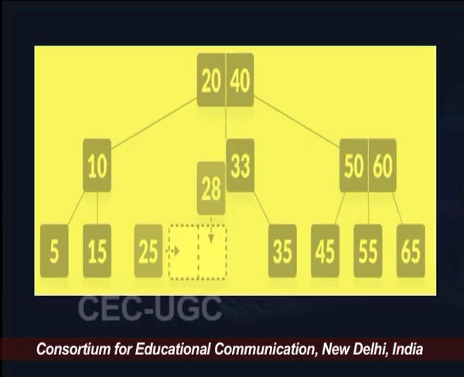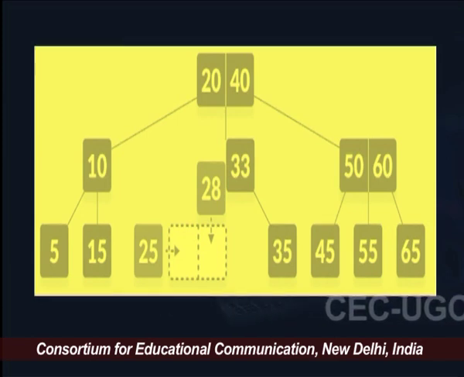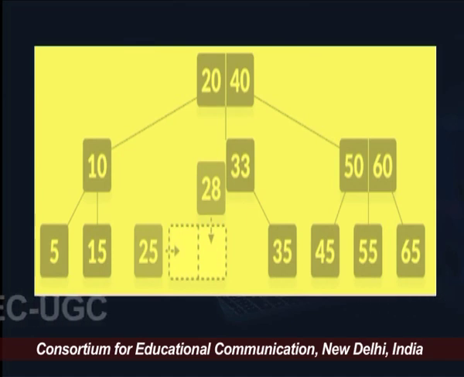This is the situation. 30 is being deleted. Now with that, 25, which is on the left side, is going to be merged with the parent node, which is having 28 and 33. So 28 we are borrowing, or descending down, and we have 25.